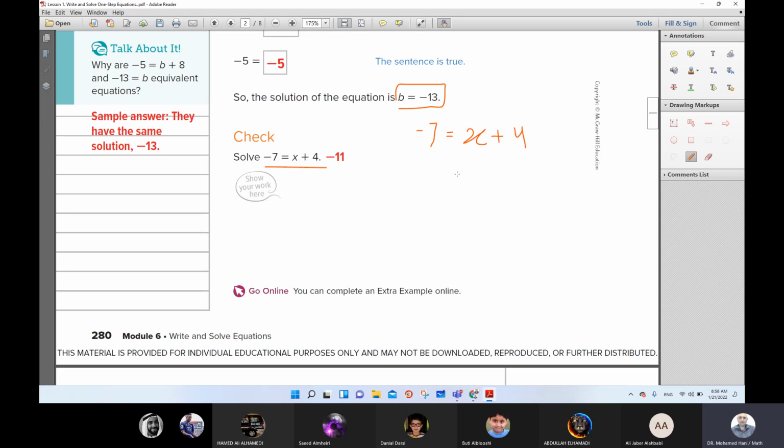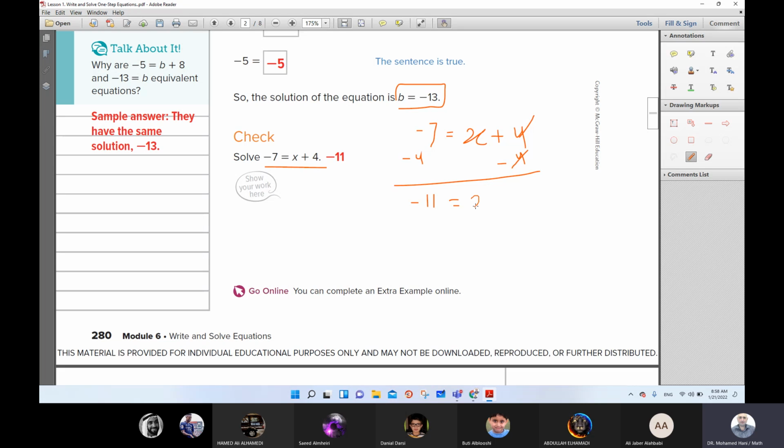So we can use the property of equality. We can subtract the same number from the two sides. So we can subtract minus 4 here and minus 4 here. So negative 7 plus negative 4 will be negative 11, equals 4 minus 4. 4 plus minus 4 will be 0.